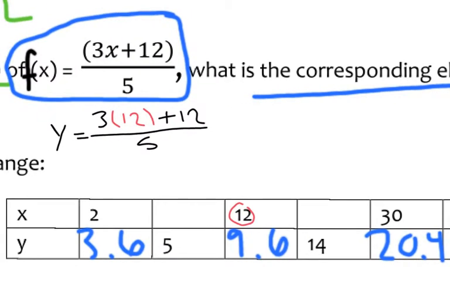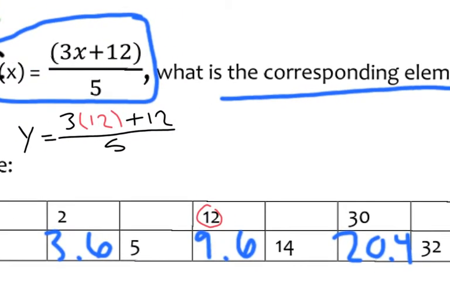So if we solve the top part, that'll be 3 times 12, which is 36, and then plus 12. So that would be like 36 plus 12 all over 5.